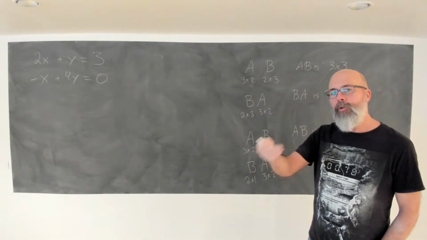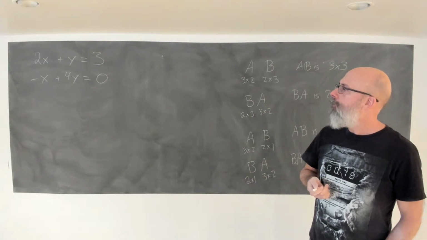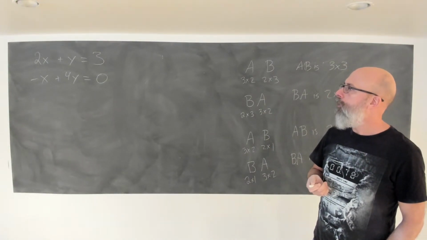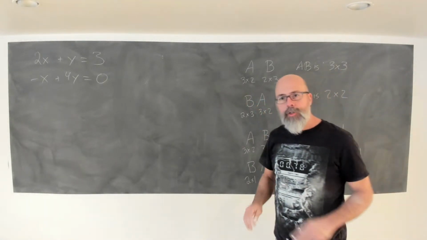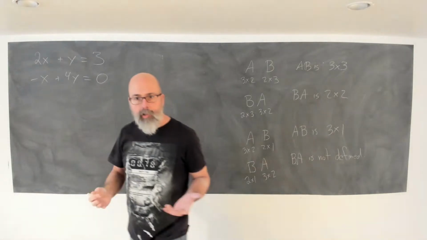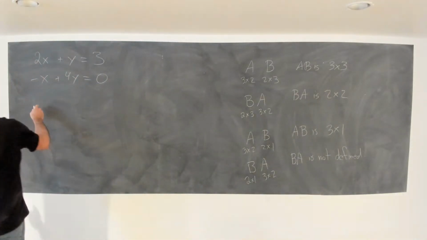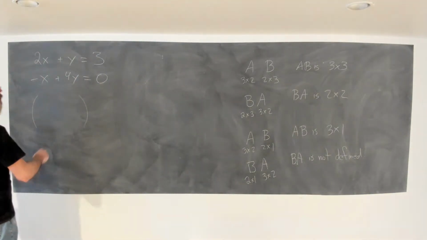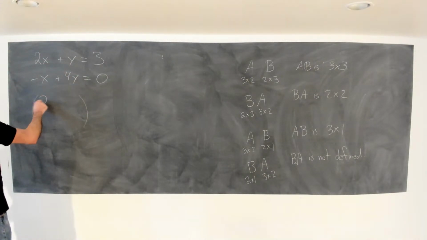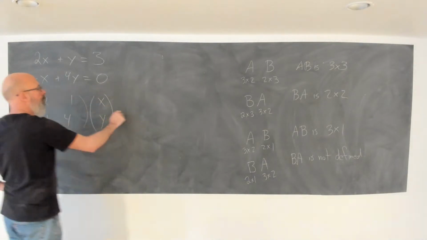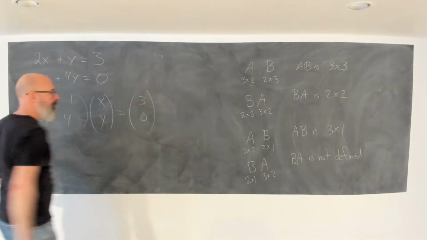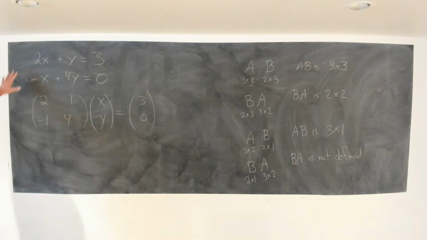Notice that using the way that we define multiplication, this system of equations can be rewritten neatly into the following matrix equation. 2, 1, minus 1, 4. Notice that this system of equations is equivalent to this matrix equation.